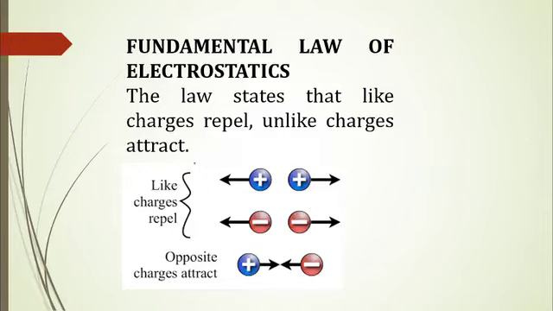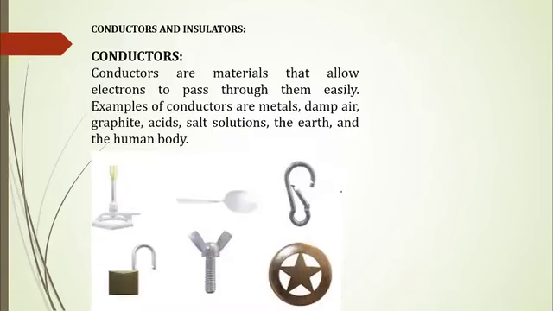So this is a diagrammatical representation of the fundamental law of electrostatics, which states that like charges repel and unlike charges attract. That is basically the aim of this lesson, for you to get this law into your head. Like charges repel, they push each other away, but unlike charges, like positive and negative, opposite, they will attract each other. You can look at the arrows and the directions that they are pointing towards.